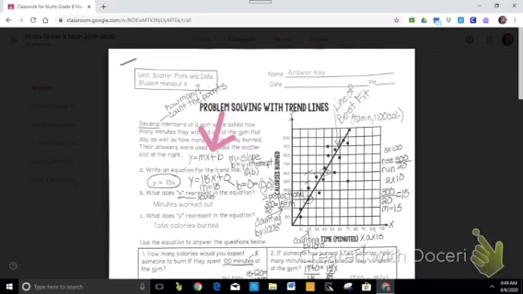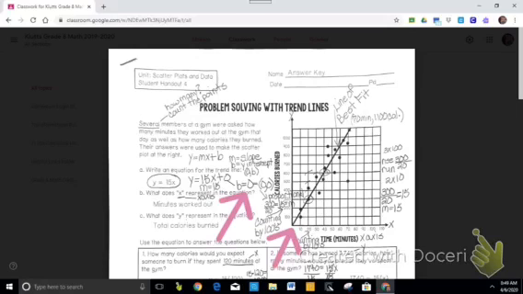Remember, an equation means y equals mx plus b, where m is the slope and b is the y-intercept. I always find my b first because b is always my starting point.